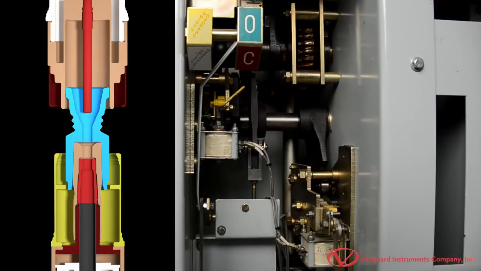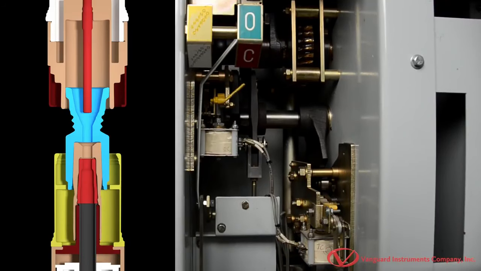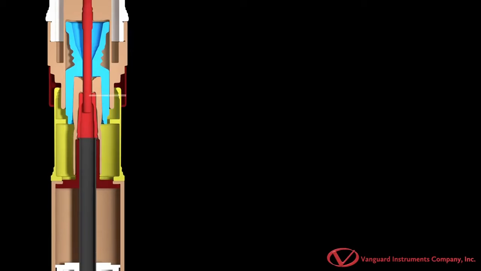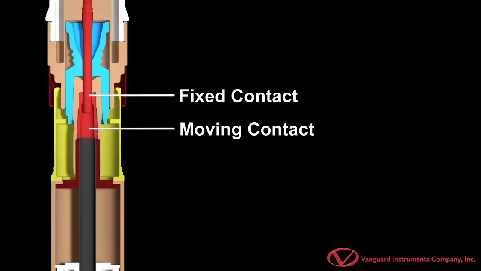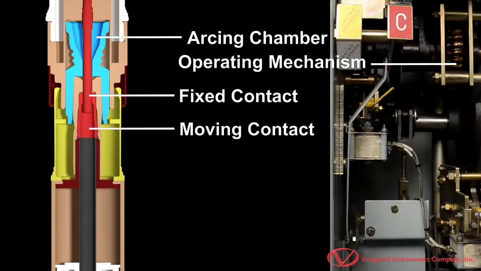Circuit breaker features a fixed contact and a moving contact that are housed in the arcing chamber and opened or closed by the operating mechanism. When the contacts open, an arc is created due to the current interruption.